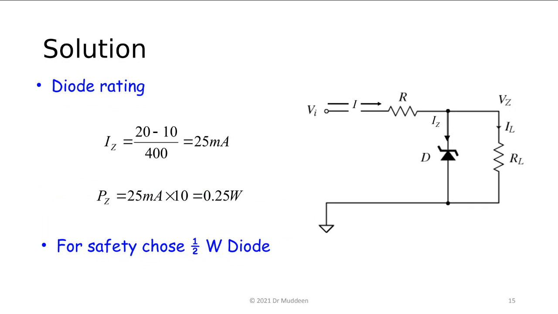When you do that, the Zener diode current at no load is the difference between the maximum, remember the power supply has a maximum voltage, it's going from a maximum of 20 to a minimum of 16. At 20 volts, you have 20 volts here.